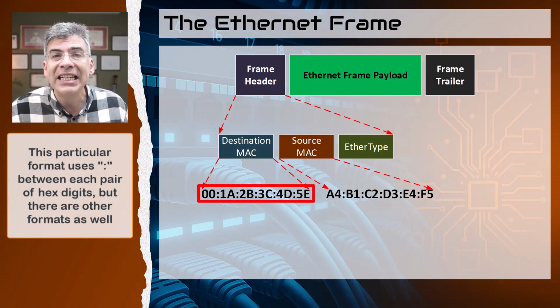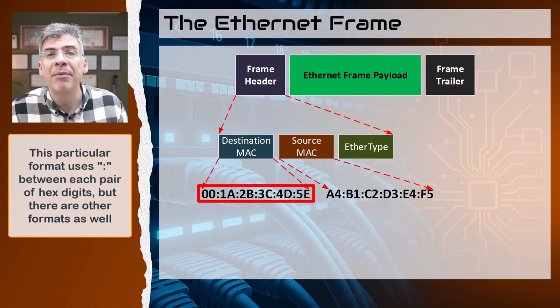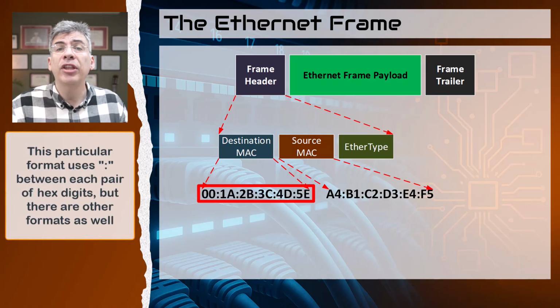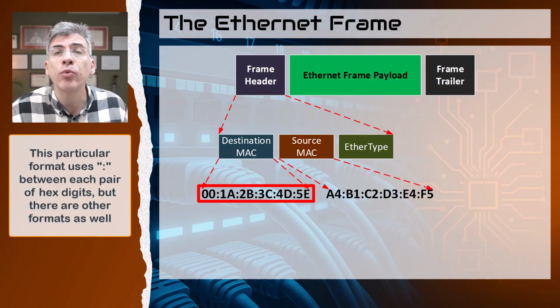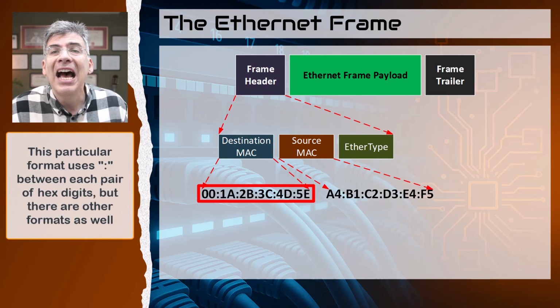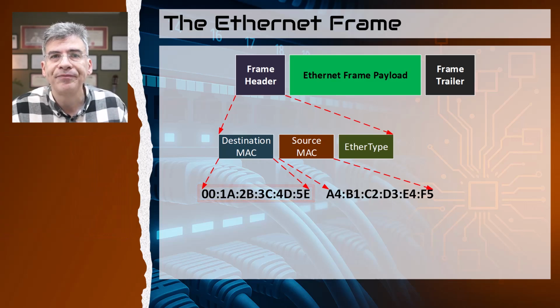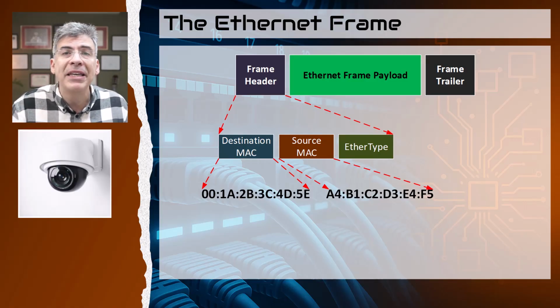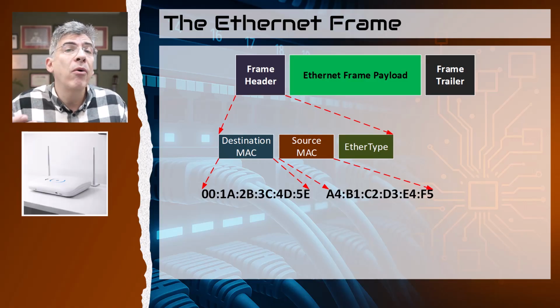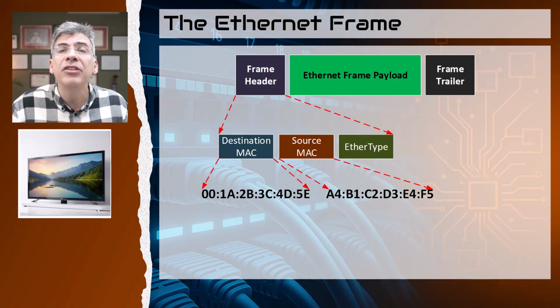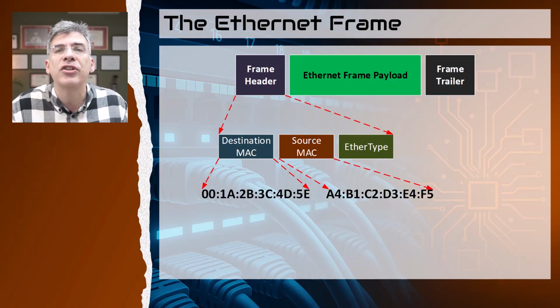We'll go into more detail concerning these addresses in upcoming videos, but for now, I can tell you that all network devices have this hardwired physical address assigned to be used for layer 2 Ethernet communication. All network devices have them, including your PC, your laptop, your IP camera, your printer, your wireless access point, and any other device that connects to an Ethernet switch.